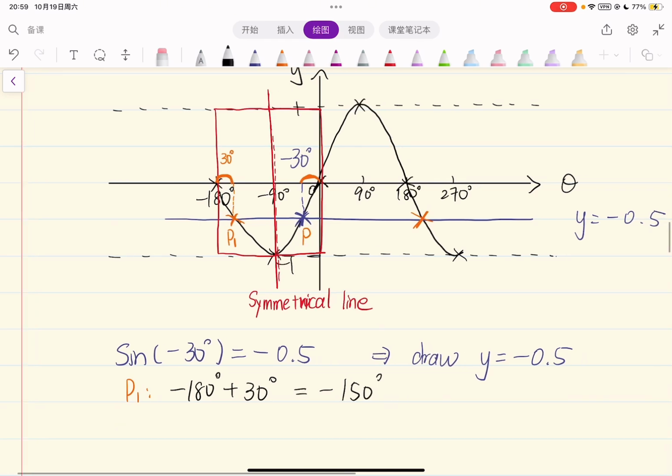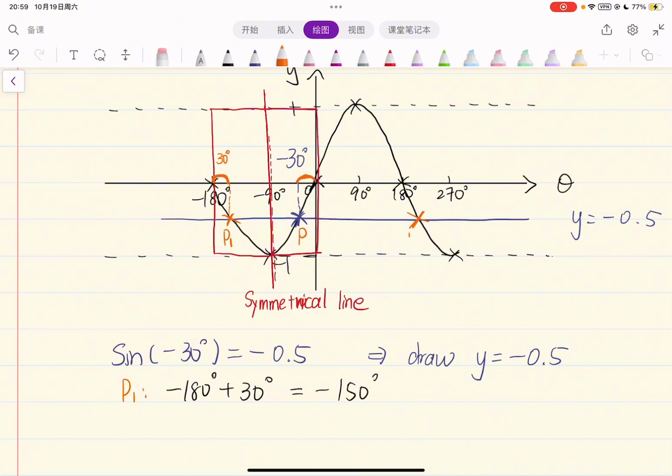Now, let's look at another point. Let's call it P2.